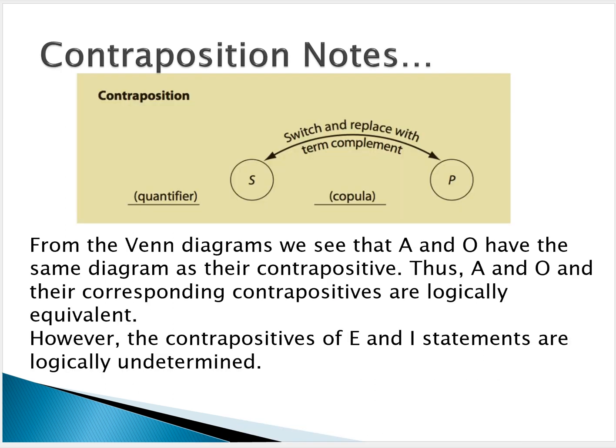Okay, so from those Venn diagrams, you can see that A and O have the same diagram as their contrapositive. So A and O and their corresponding contrapositives are all logically equivalent, but E and I are logically undetermined. It could be, it might not be. So A and O contrapositives are always logically equivalent.